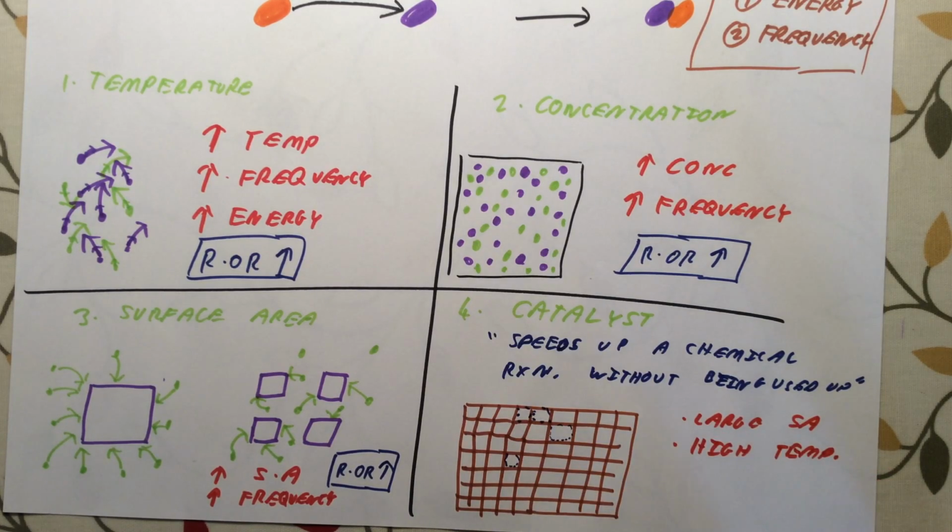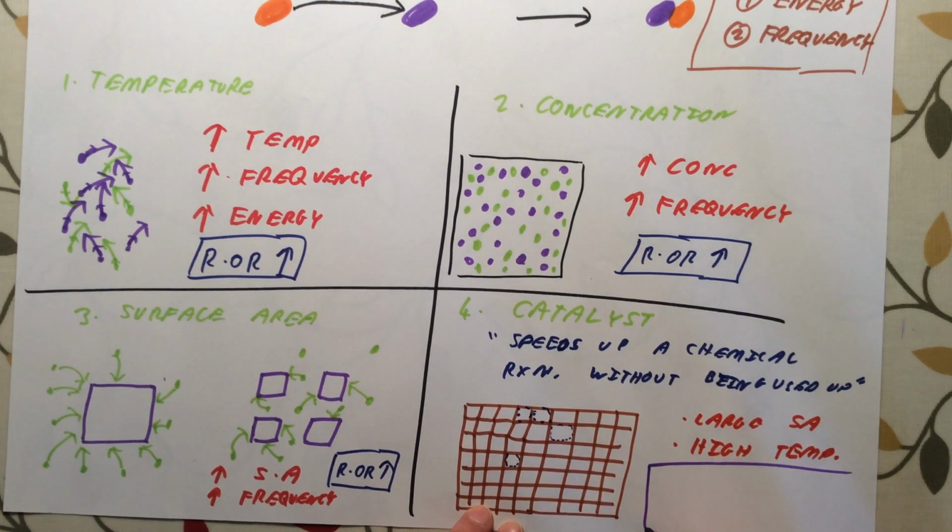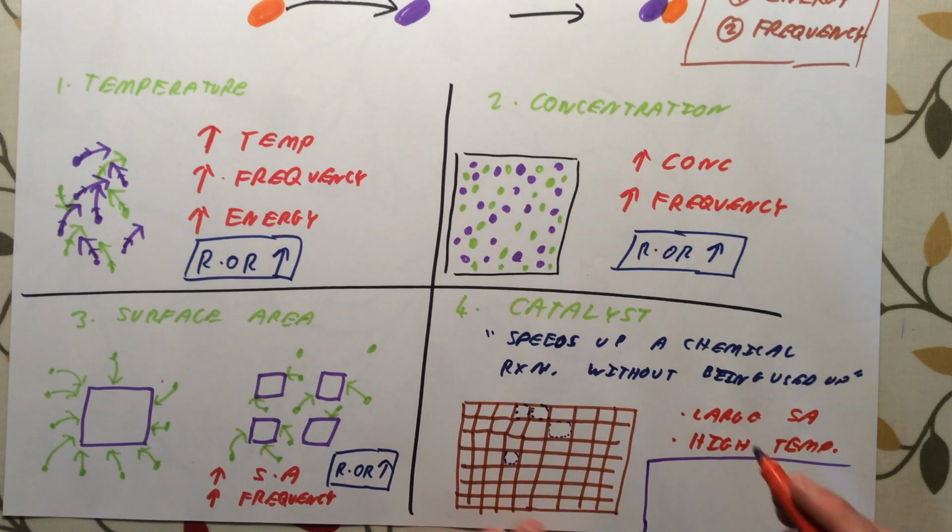Now, the point of a catalytic converter, why we have them in cars, is to break up, to remove any unburnt fuel, and to remove any carbon monoxide.